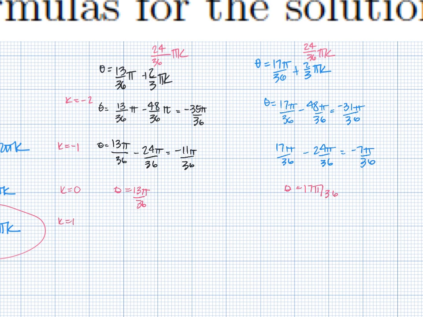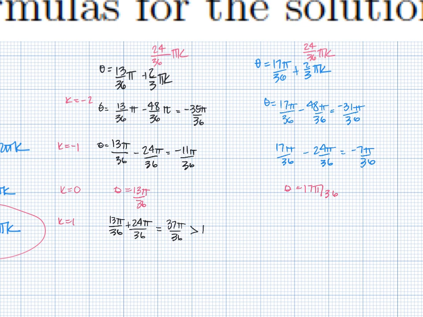Now we let k equal 1. So 13 pi over 36 plus 24 pi over 36 will actually give us 37 pi over 36.